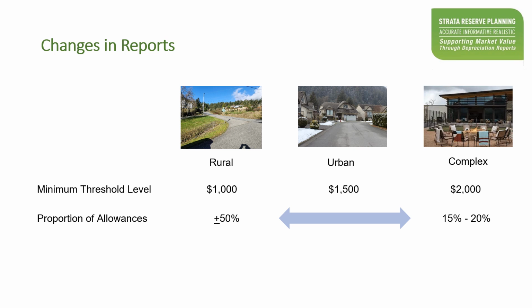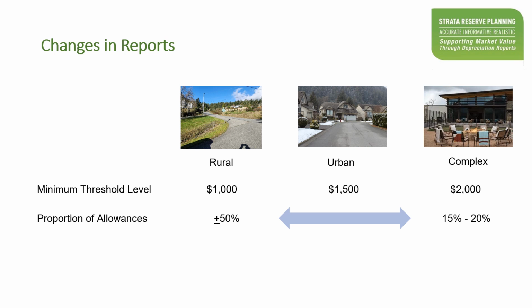Allowances or contingencies. Rural bare land subdivisions typically have a lot of allowances. In that case, they can go up to as high as 50% of the budget. That declines as you get into more and more sophisticated types of components.